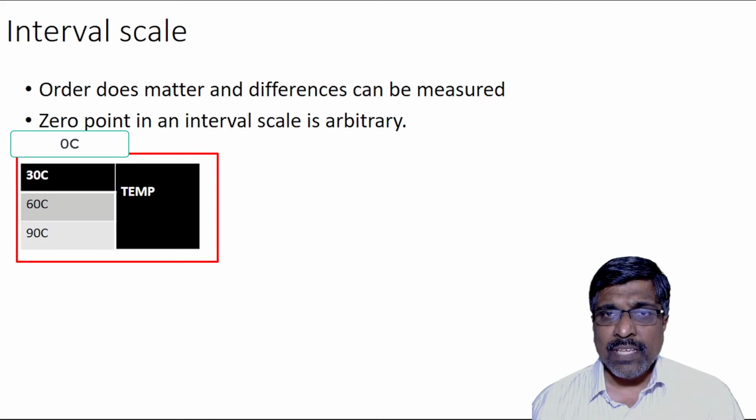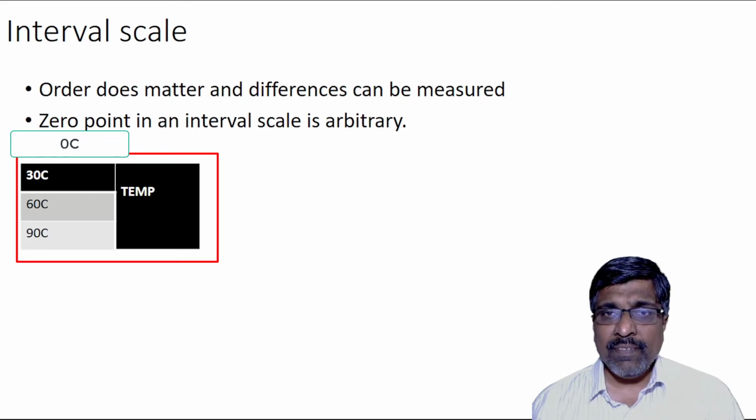See here, 0 does not have an absolute value, because when you say 0, it does not mean that there is no heat. Because in a temperature scale, we can have values lesser than 0. We can even have negative values. So when I say 0 degrees, it does not mean that there is absence of heat.